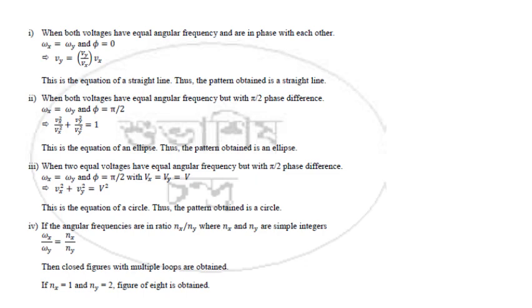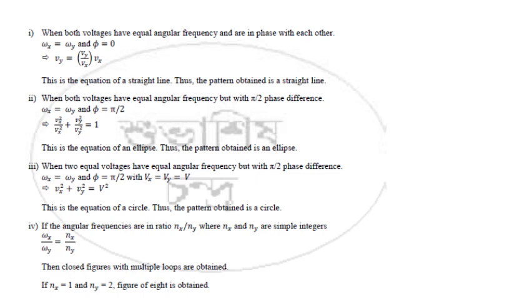Similarly, in the third case, when two voltages have equal angular frequency but pi by 2 phase difference and the voltages are also equal, you will get Vx square plus Vy square is equal to capital V square, and so you will get a circle.